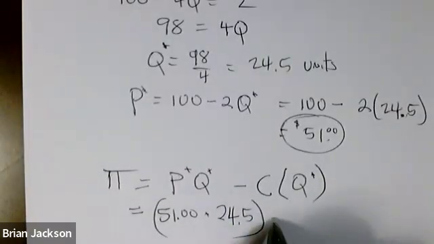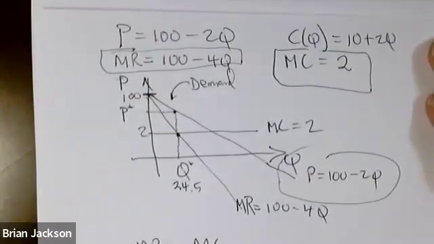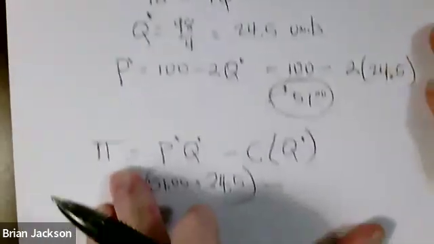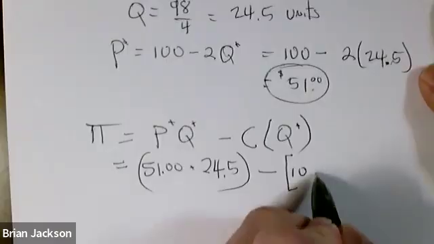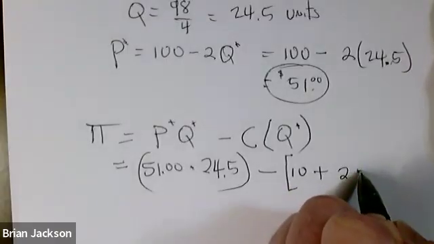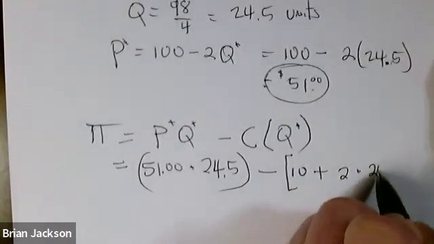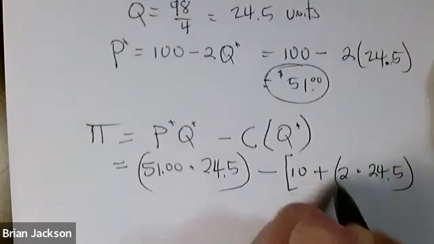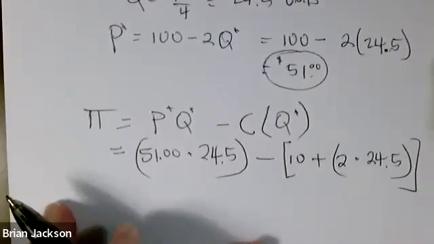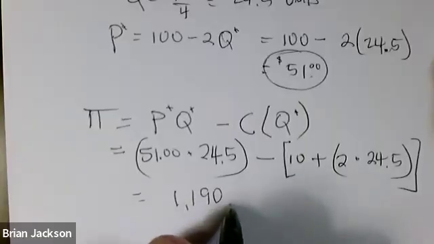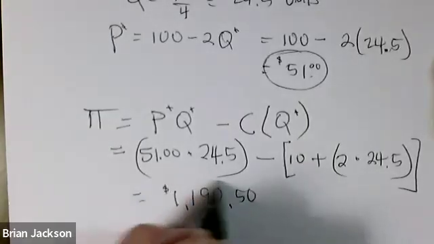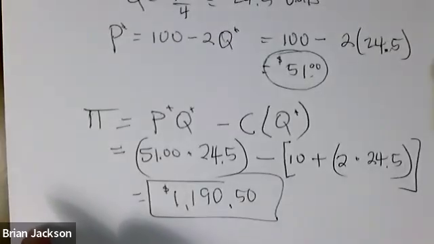And then you subtract from this the cost function. The cost function is up here, 10 plus 2Q. So we're going to subtract 10 plus 2 times Q star, which is 24.5. Once you do that, you get $1,190.50. There's the profit maximizing, the maximum profit.